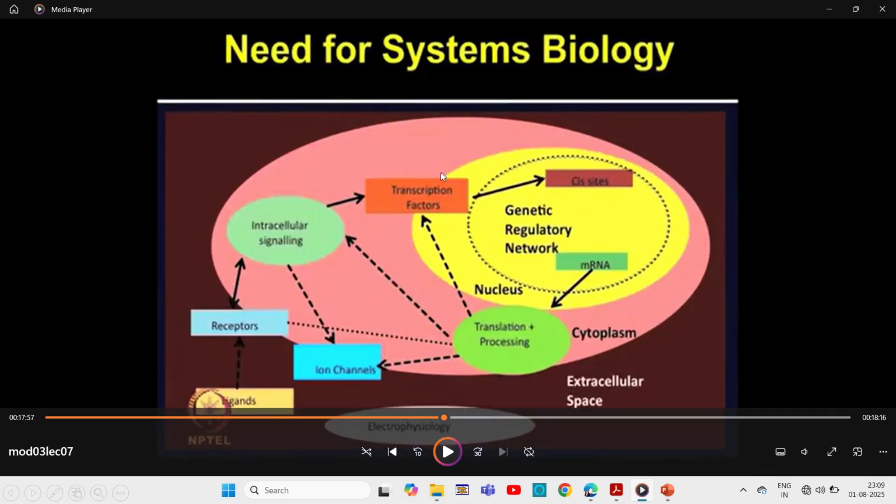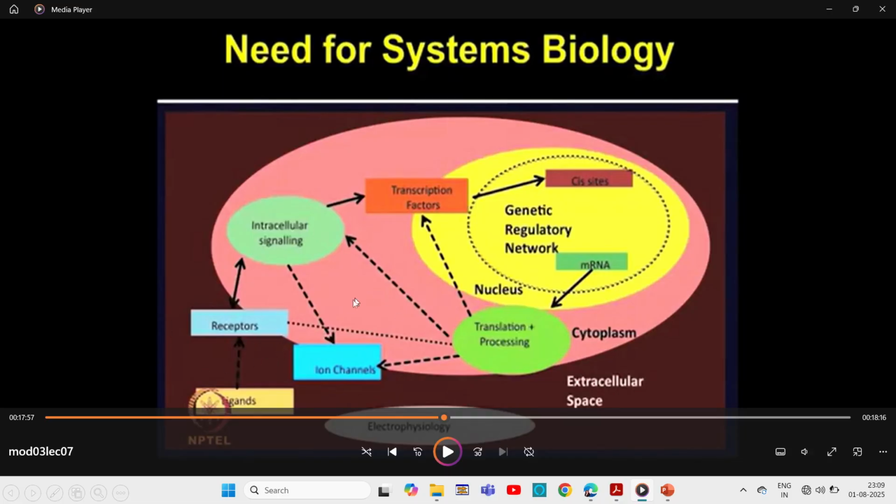So why do we need it? Because in an individual, everything is interactive in nature. If you are studying one protein, okay, you are studying that one specific protein, that proteomics is there, but where it is coming from, how it is functional, where it is going, and why it is essential to be present in order to have certain other activity which is taking place inside the cell, we are not understanding if you are just dealing with proteomics, for example.